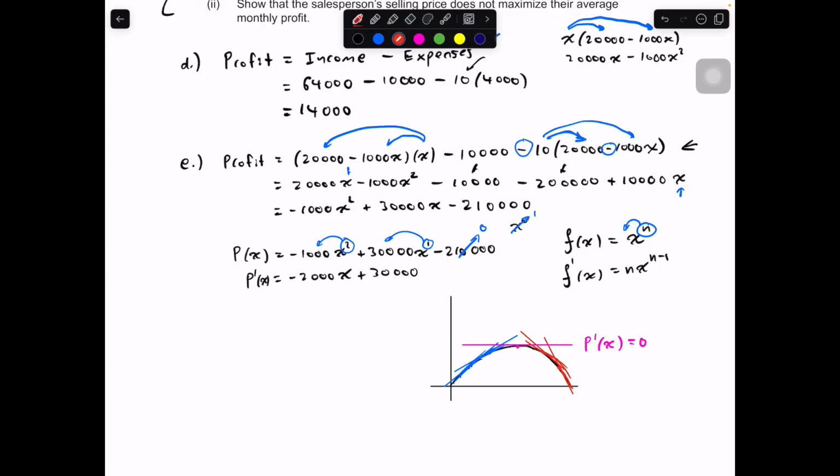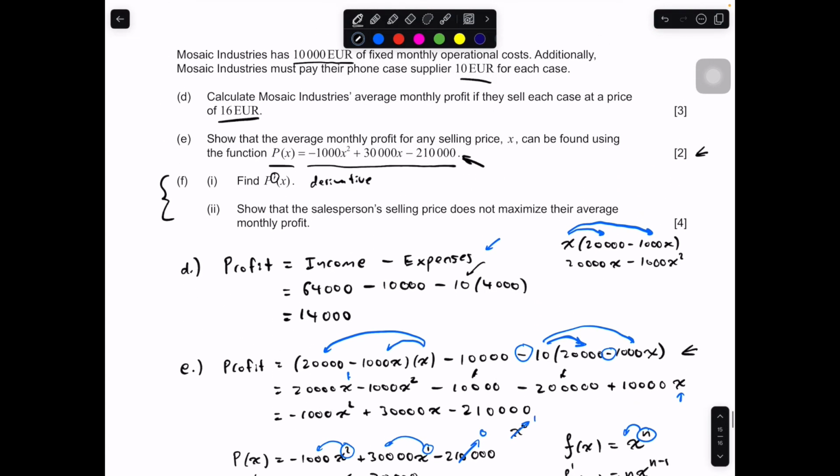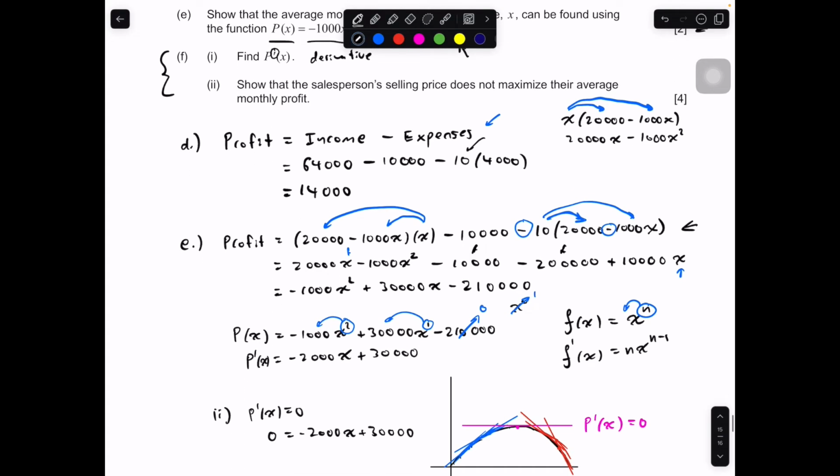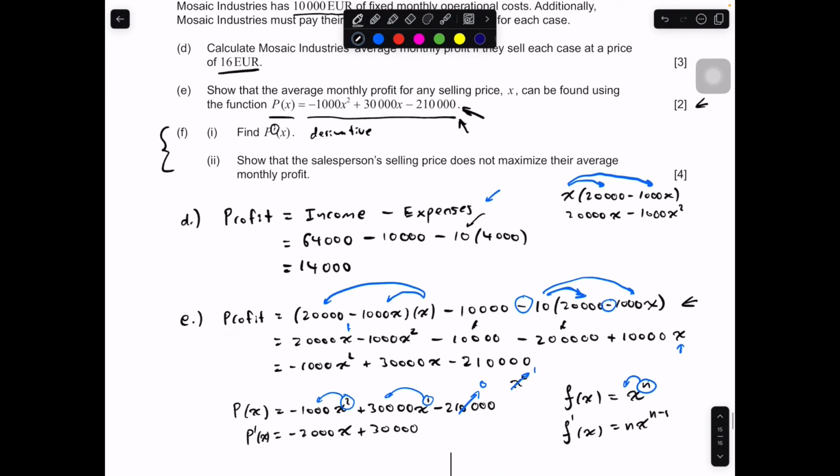And so to solve this part 2 right here, just using the derivative, we could just say, okay, well, what's the point where p prime of x is equal to 0? Or when does this whole derivative equal 0? And you can solve it that way. But if you want, you could also just graph the original function right here and find the maximum. For visual sake, I'm actually going to graph it, and that's how we'll solve it.